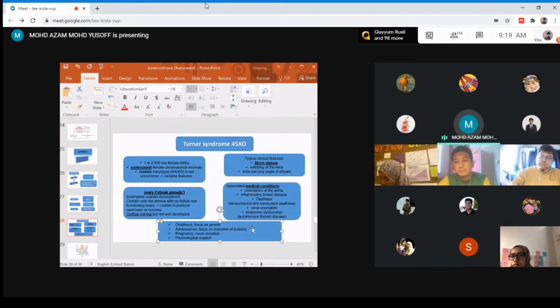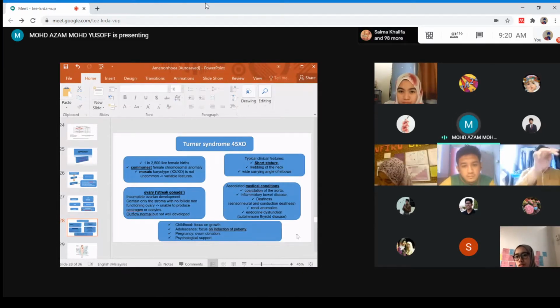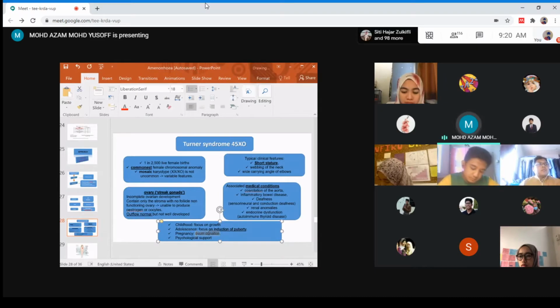So what is the treatment? We focus on growth because she is short, so we try to make her taller. We try to induce puberty by giving hormones. If she wants to get pregnant in future, we can talk about ovum donation.